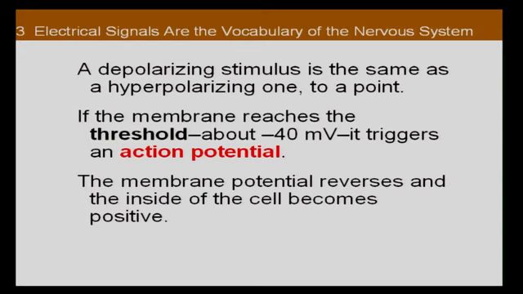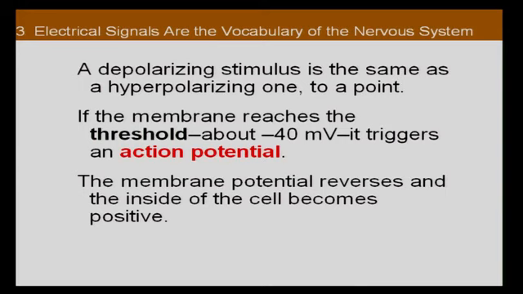If the membrane reaches a threshold, this is an important term to understand, a threshold of about negative 40. We started at negative 60. It has to depolarize to the special point of negative 40 millivolts. It doesn't just keep going higher and higher. It triggers what we call an action potential, which is a very, very brief burst of electrical activity.